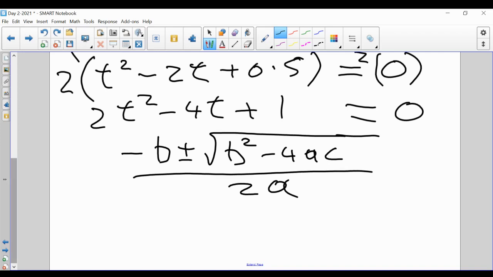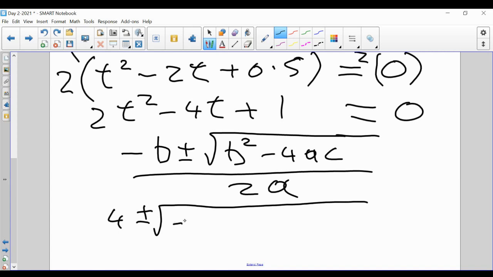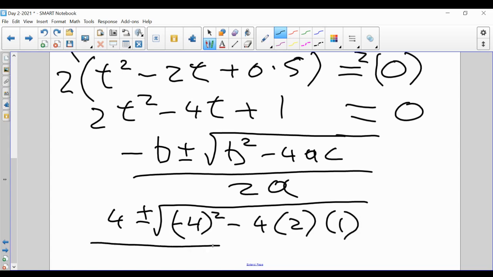That would be minus minus 4, which is 4, plus minus the square root of b squared, which would be minus 4 squared, minus 4 times 2 times 1, all over 2 times 2.